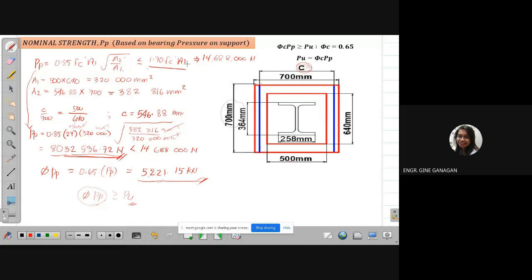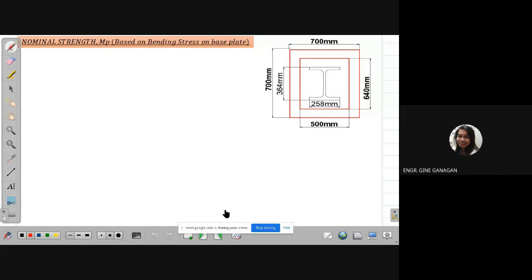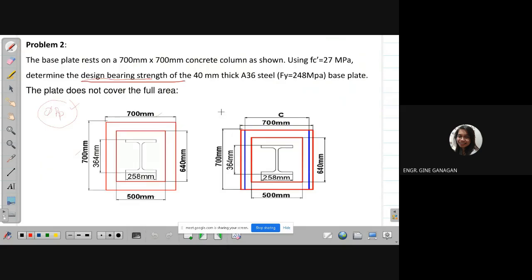So, i-check din natin yung based on our bending. So, based on bending stress on base plate, we have the equation that is E, that is greater than X, 2PU over 0.9 B and Fy. So, yan yung equation natin. And from our problem, given yung thickness natin, that is 40 mm. Okay?